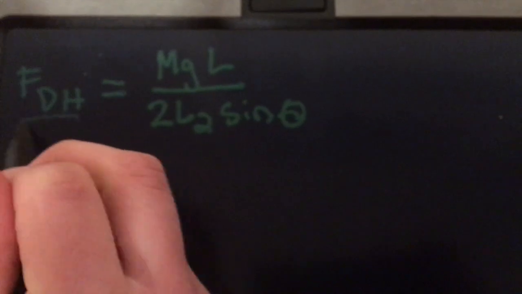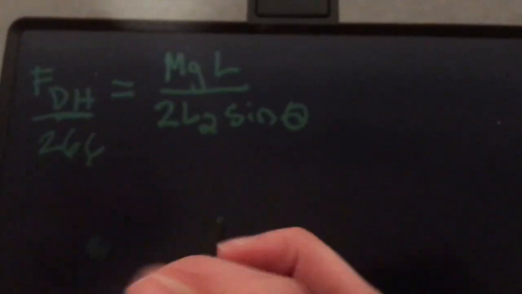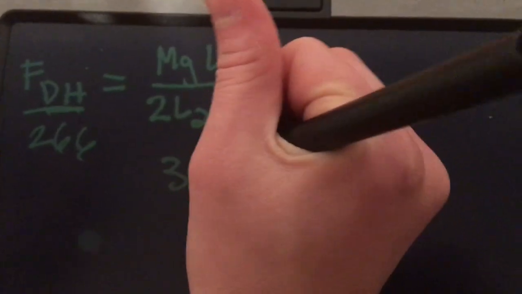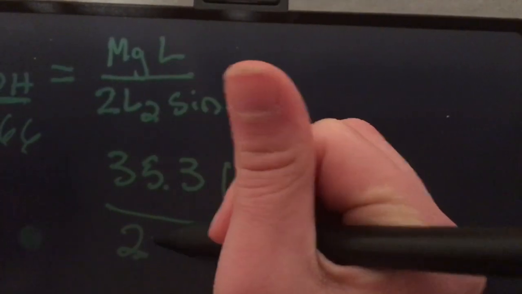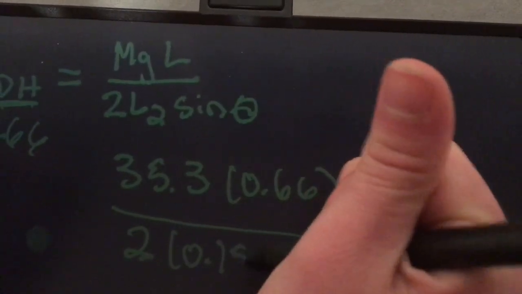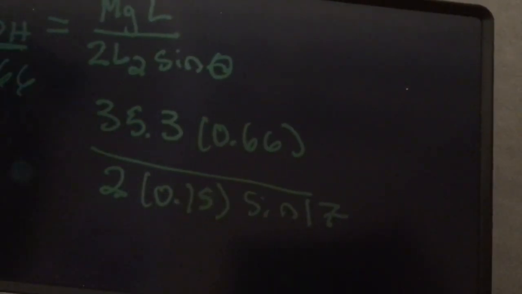And this number, we want it to equal 266. But we're not going to put 266 in. So 35.3 times 0.66 over 2 times 0.15 sine of 17. Are you guys ready? Moment of truth. Will this equal it?